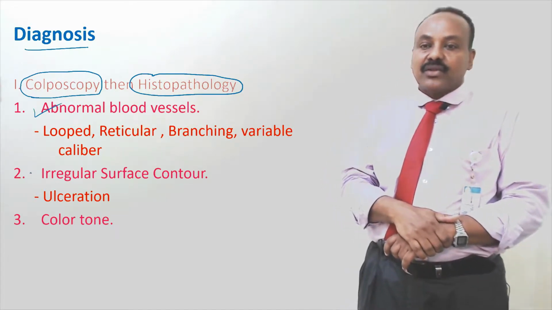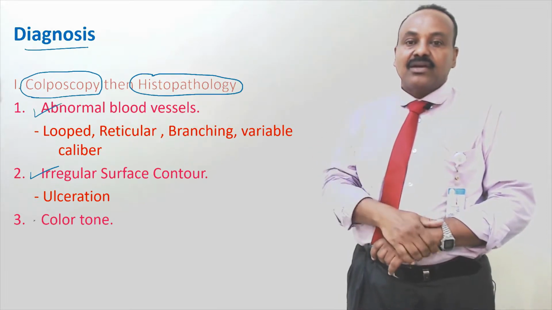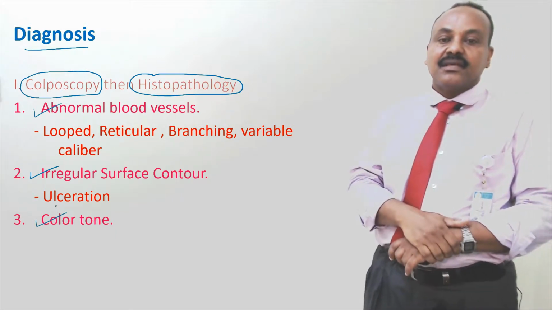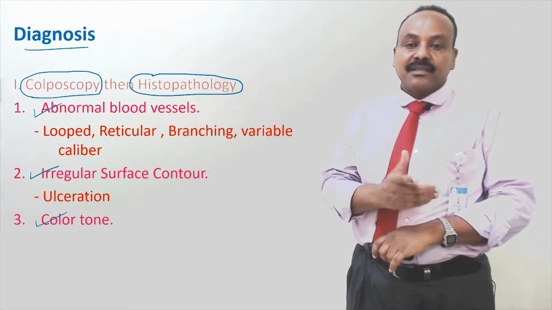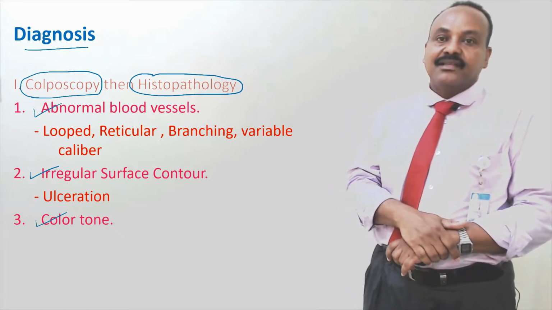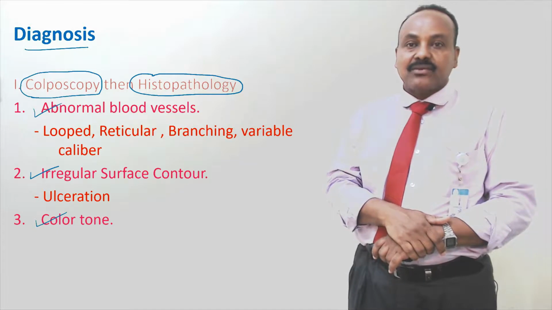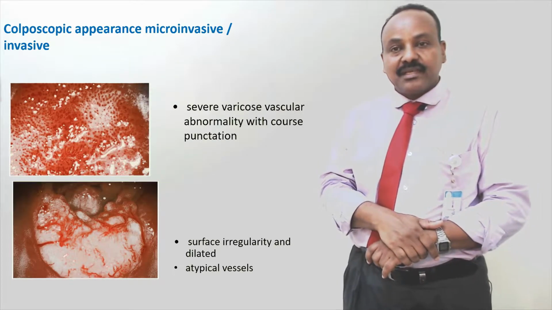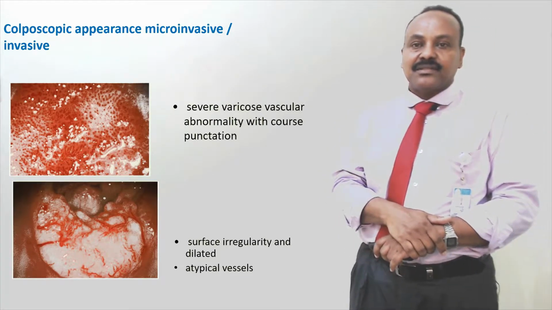Also, you can see an irregular surface. The cervix is not regular, and there is some ulceration. The color of the cervix is also red and fungating, and like some pus on the cervix. This diagnosis can be done by colposcopy. Also, you can take some biopsy and send it for histopathology for the final diagnosis.